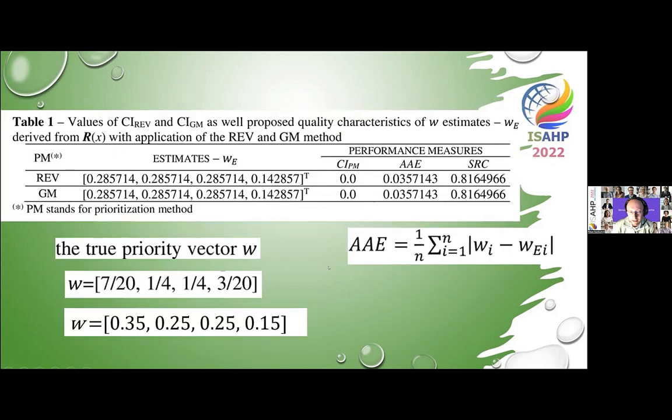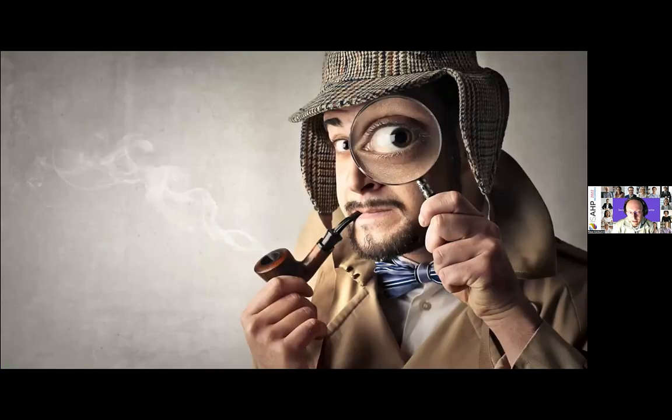That triggered my interest, and I decided to design a simulation scenario in Monte Carlo simulation software that could simulate thousands of such examples and measure such small deviations between the priority ratios within the priority vectors.